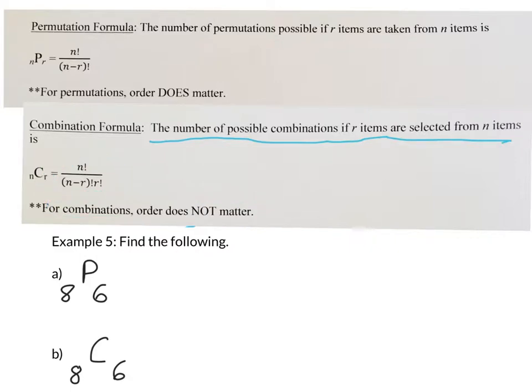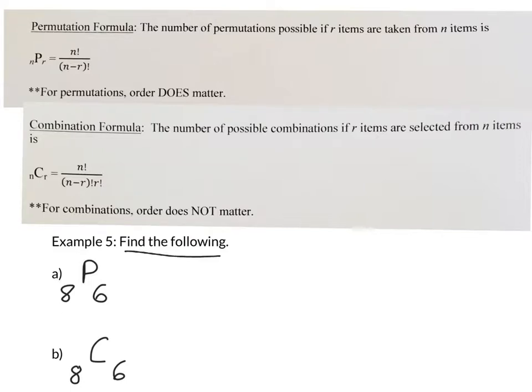Before we see an actual word problem example, let's just notice where these buttons are located in the graphing calculator. And again, please note that it matters if you use NPR or NCR because you're going to get a totally different answer. So example 5 says to find the following.